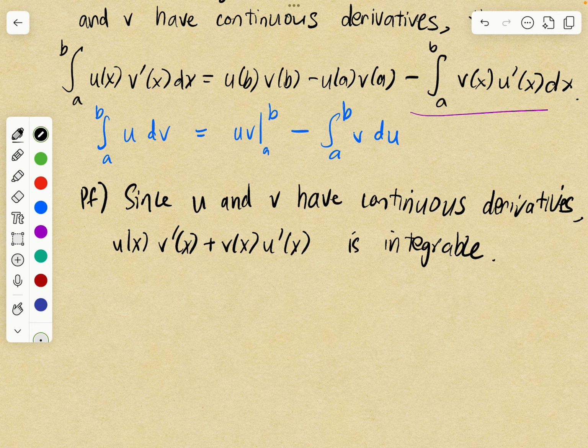Right? Because u and v are continuous, u prime and v prime are continuous, and so this whole function is continuous, and therefore it's integrable.